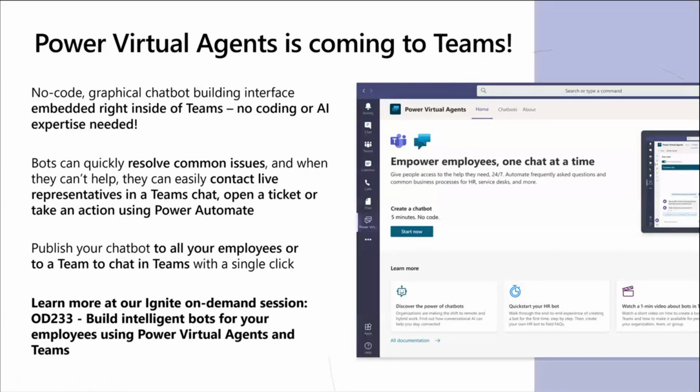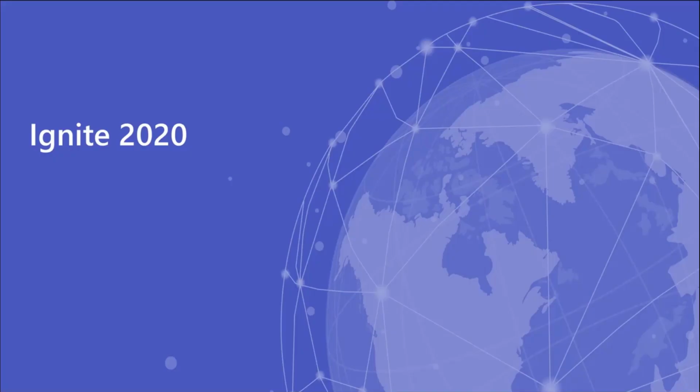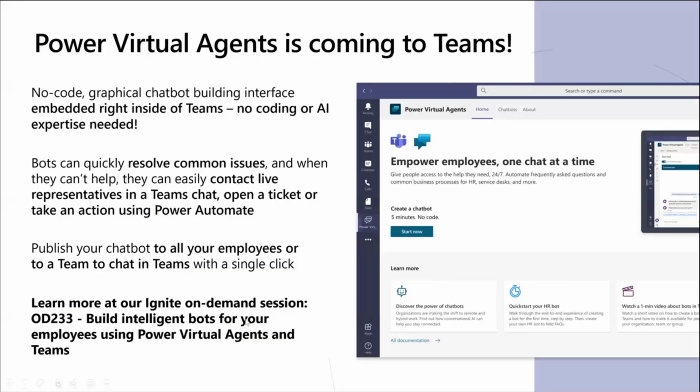Basically, you can create a bot and make sure it's available to all employees inside your organization if you are the administrator in this case. So they can use it. The deployment process has been greatly simplified for this. And please do check out the session if you're interested in Power Virtual Agents for Teams.